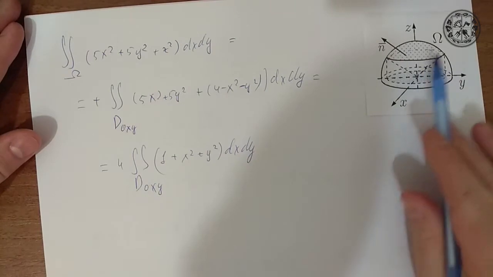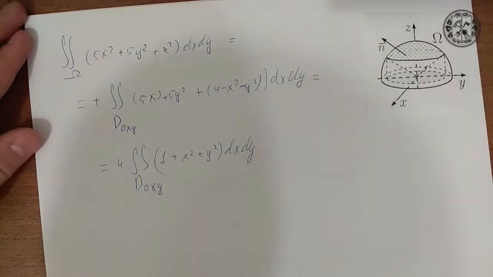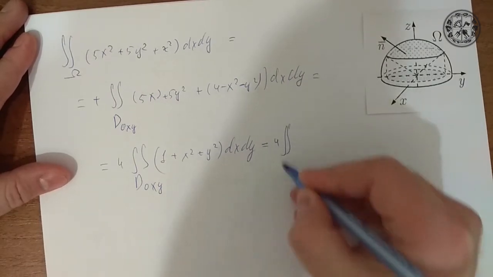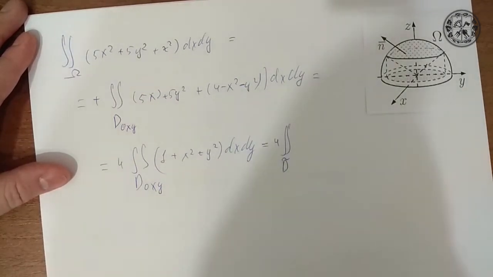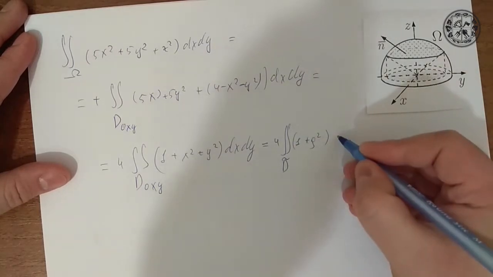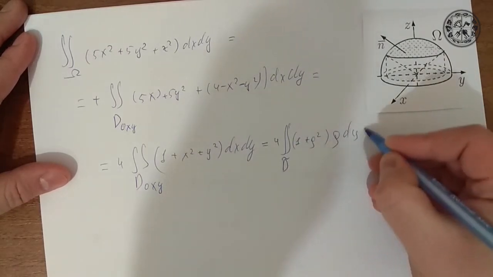Because this is a circle, we can transform to polar coordinates, so we'll get 4 times the integral over D tilde of 1 plus rho squared, times the Jacobian determinant rho, d phi d rho.